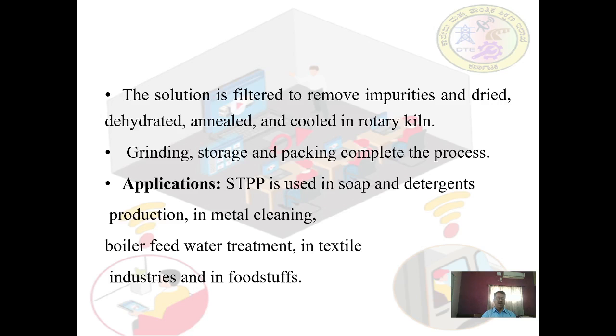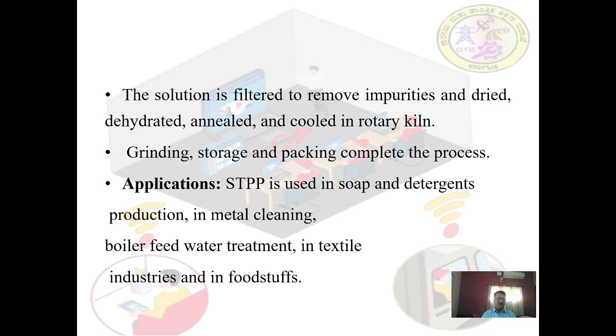Question number one, phosphatic fertilizer is graded on its dash content. The options are A P2O5, option B PCl2, option C P2O3, option D none of these. The answer is option A, phosphorus pentoxide.